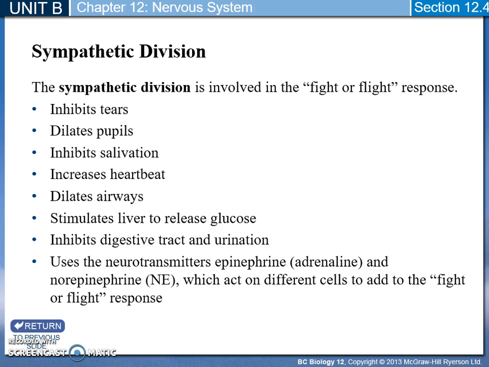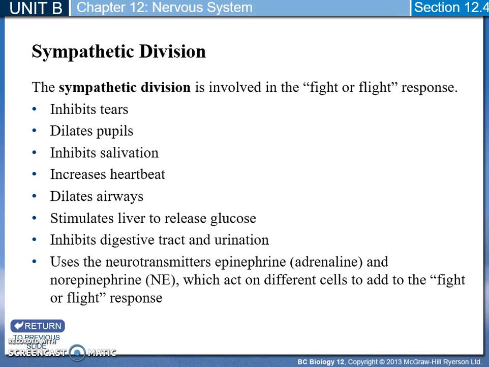So, for example, what the sympathetic division will do is inhibit tears, dilate pupils, inhibit salivation, increase your heartbeat, dilate your airways, stimulate the liver to release glucose, and inhibit the digestive tract and urination.